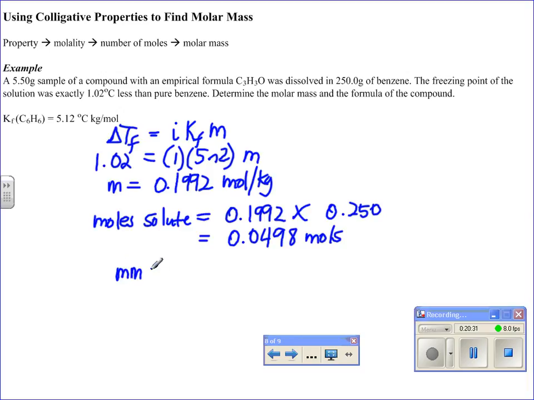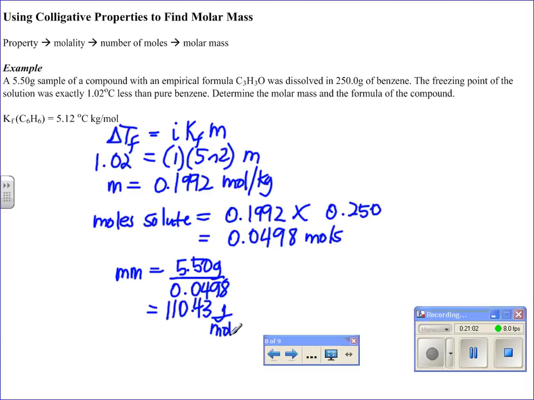We can therefore calculate the molar mass, which is the grams per mole. So we've got 5.50 grams of the solute, and the number of moles of solute was 0.0498. So this gives us a molar mass of 110.43 grams per mole.